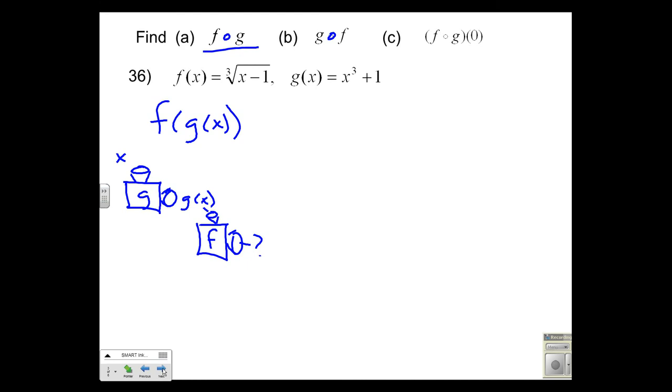So I'll clear off some space for parts B and C, but that speaks to me. So I'm going to find f of g of x, which is explicitly x cubed plus 1.